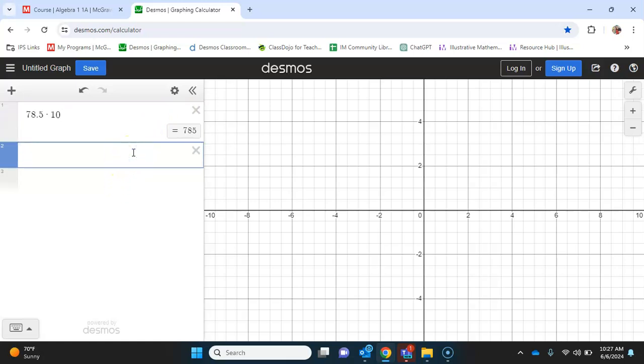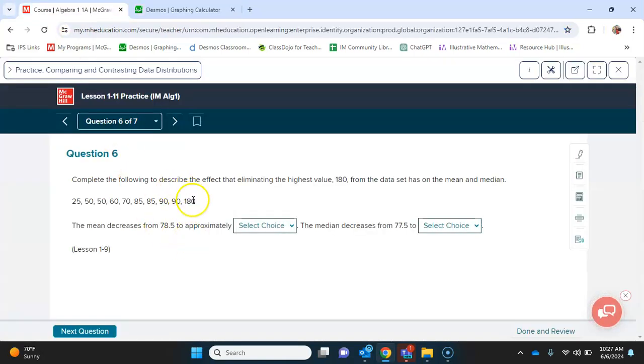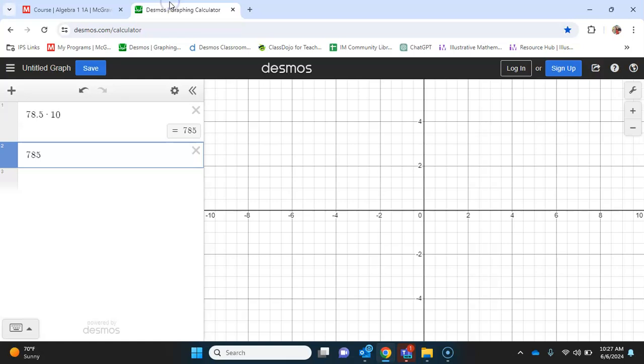Now we take 785, and since 180 is gone, we're going to minus that, and then divide that by 9.